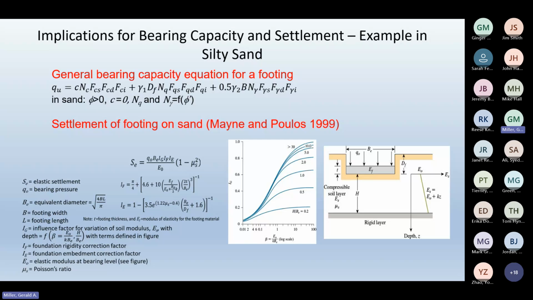And then for settlement, I'm using Mayne and Poulos approach, which I actually like a lot because it's a very flexible method. It actually considers the depth to an incompressible stratum, which I'm assuming is very deep in this case. It considers the variation of modulus of elasticity with depth.